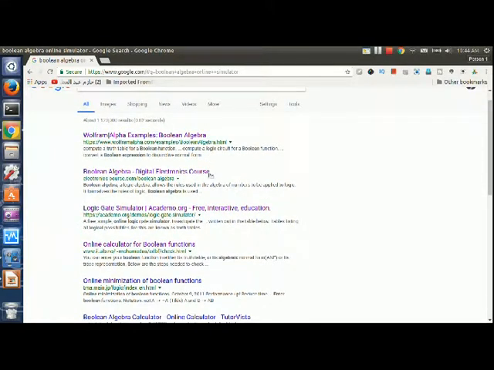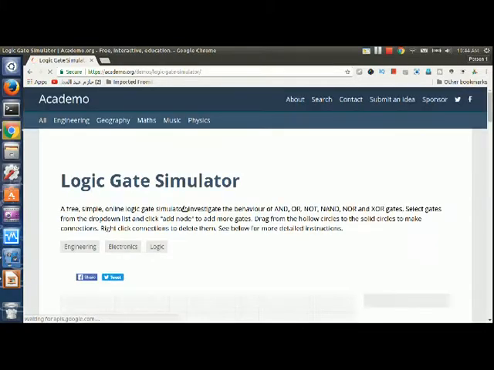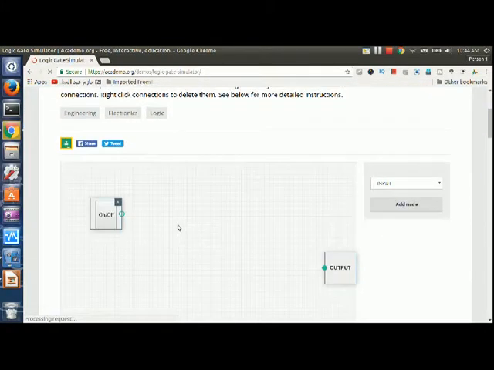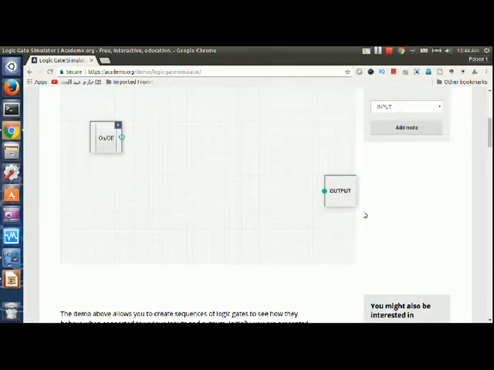Let's see what we can get here. I think this was a good one. We'll go with this. Though I didn't like it, but let's see what's my equation. It was A or C, I think. A or C, so I need an OR gate.